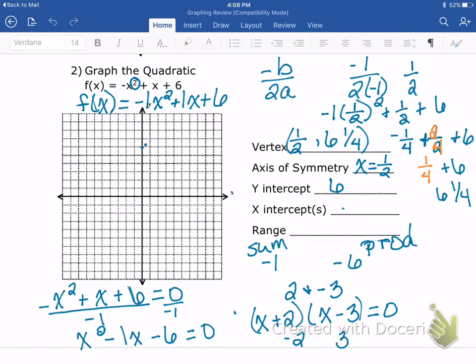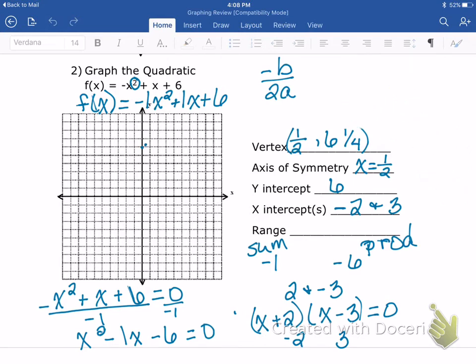Okay, and we can write that as negative 2 and positive 3, or if you want to write those as an ordered pair, then that is fine. I'll erase some of this for us right now so we can make it all clear. If you want to write that as an ordered pair, then you can have negative 2, 0, and 3, 0.